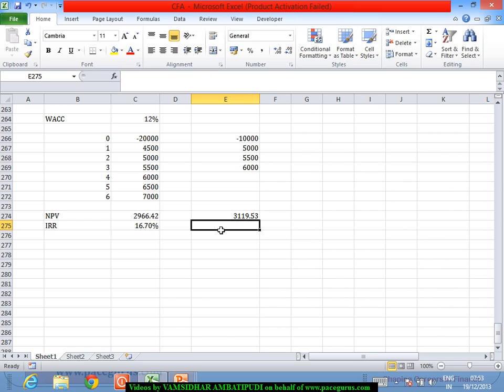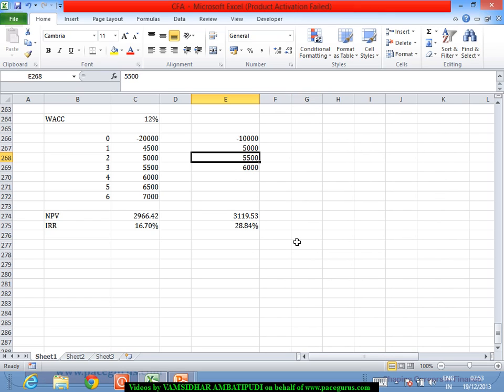And when I am looking at the IRR, this is generating a much higher figure of somewhere around 28.84%.